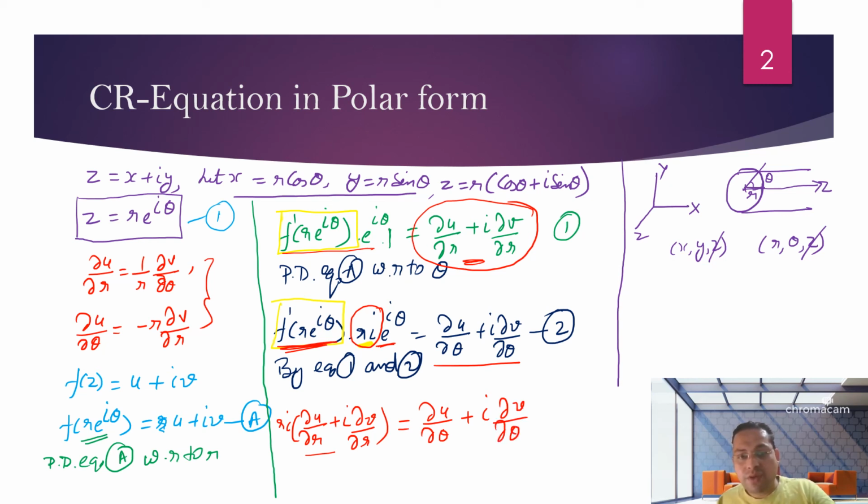Now from this equation, multiplying by iota, we will have r iota del u over del r minus r del v over del r is equal to del u over del theta plus iota del v over del theta.